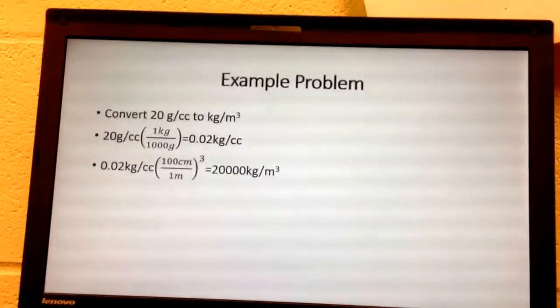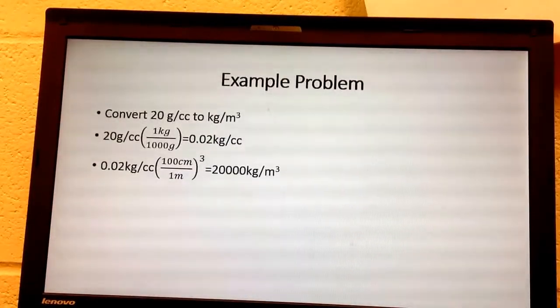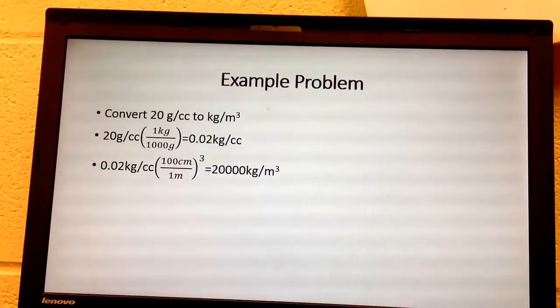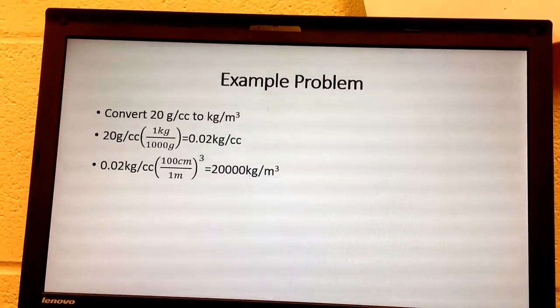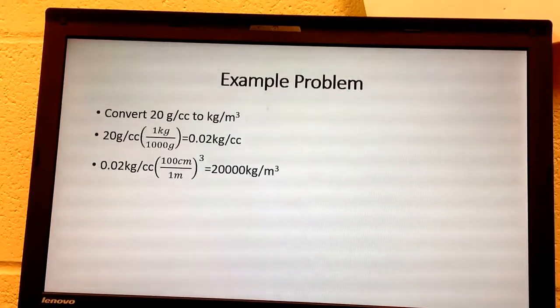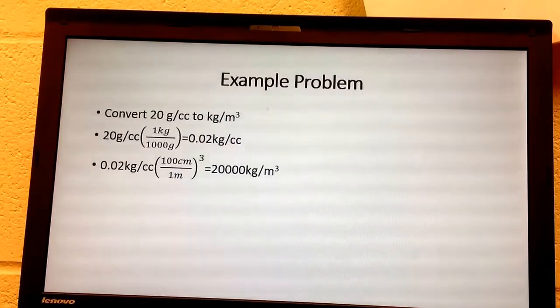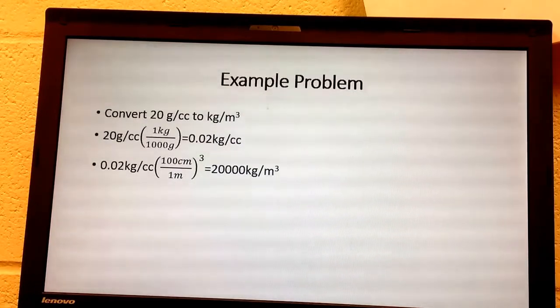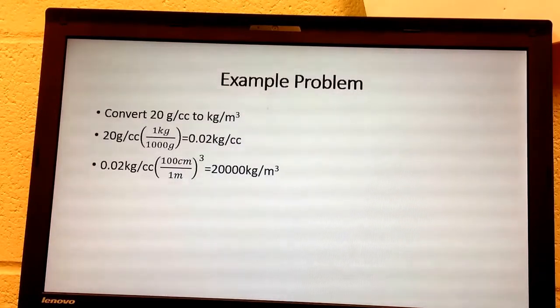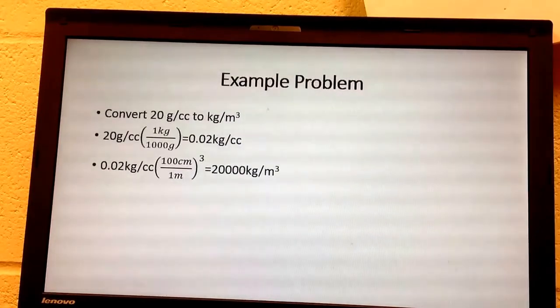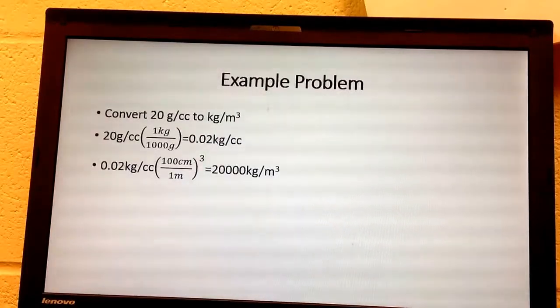We know there's 100 centimeters in 1 meter, but we're going to have to cube that conversion factor because we're talking about cubic centimeters, cc's, not just centimeters. Once we do that, we get 20,000 kilograms per cubic meter. So a density of 20 grams per cubic centimeter is equal to 20,000 kilograms per cubic meter.